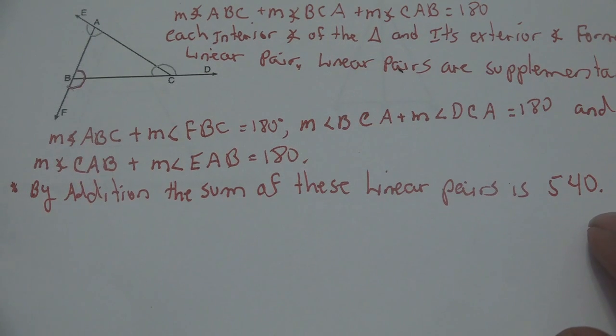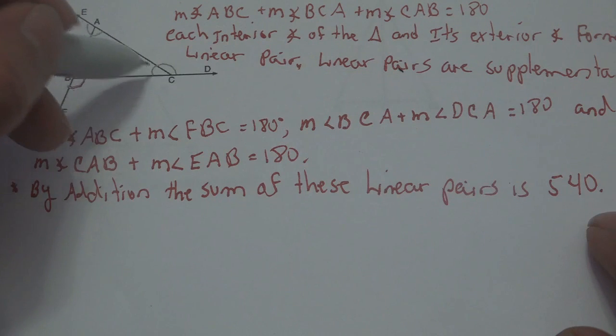So now what happens when we subtract the measures of the interior angles of the triangle?